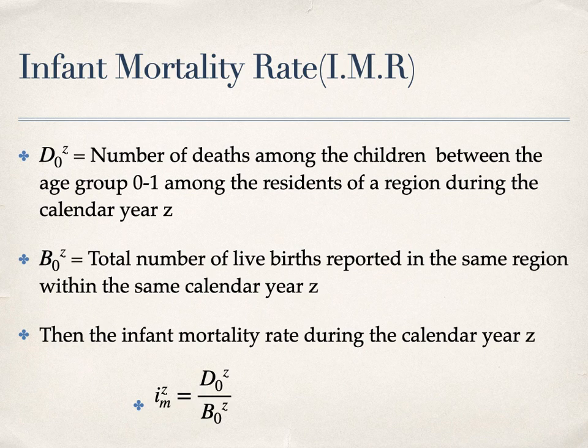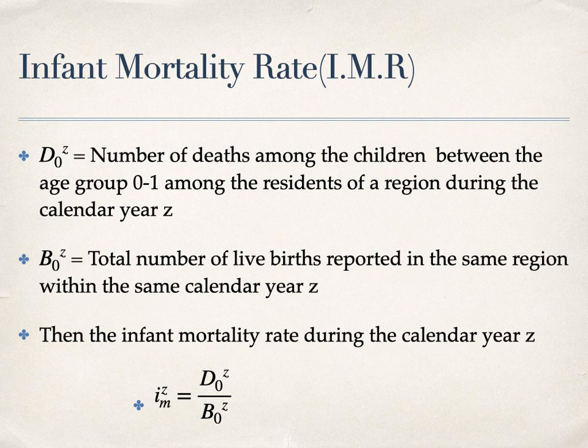So it's all different, because here in the numerator we consider the children of age group 0 to 1. Suppose a baby is born in December 2019 and is in the age group of 0 to 1 in 2020, up to November 2020, isn't it?